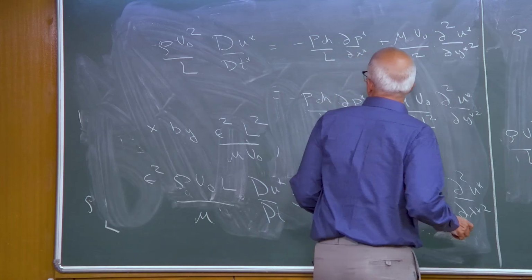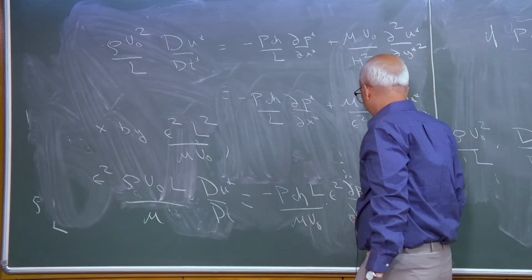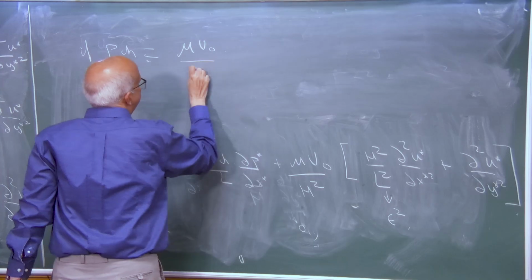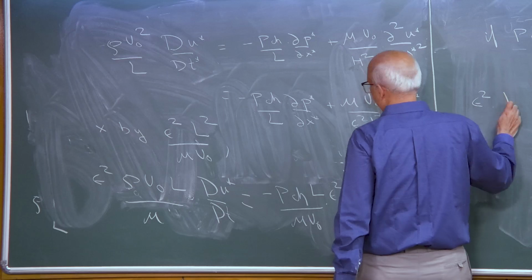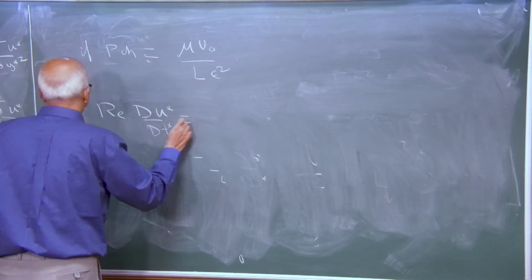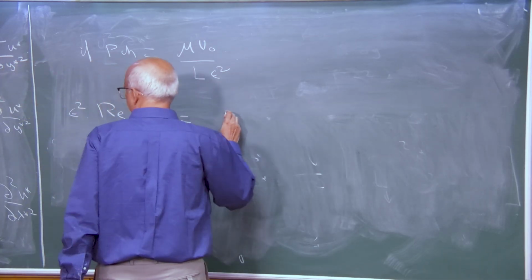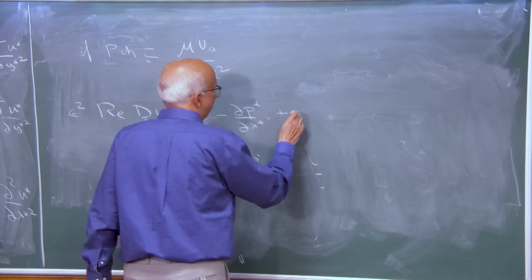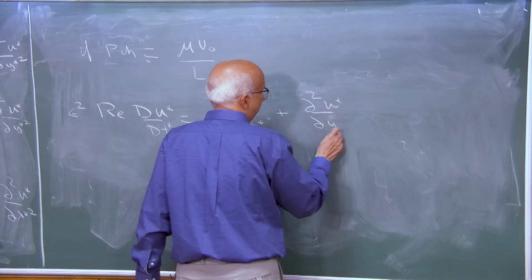So if I choose my P characteristic as mu u naught by L epsilon squared, I will have epsilon squared multiplied by Reynolds number multiplied by du star by dt star, that is this term, this is a Reynolds number, equals minus dp star by dx star plus d squared u star by dy star squared.